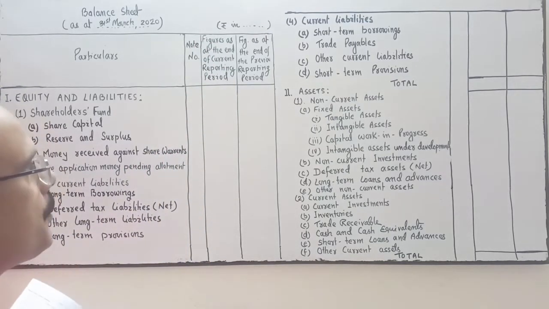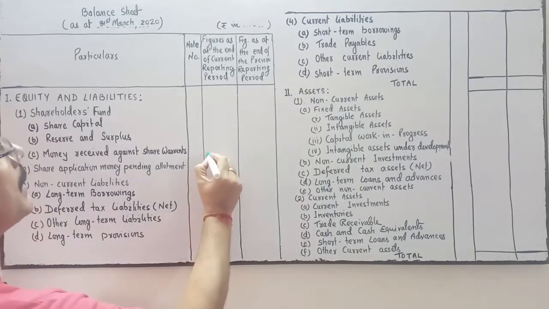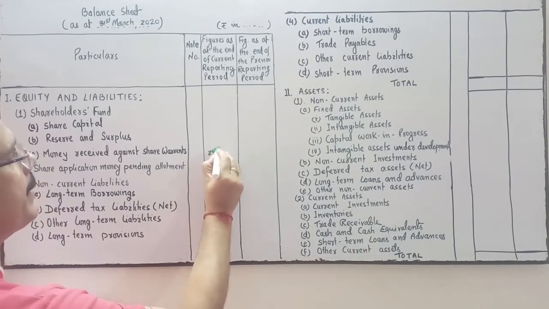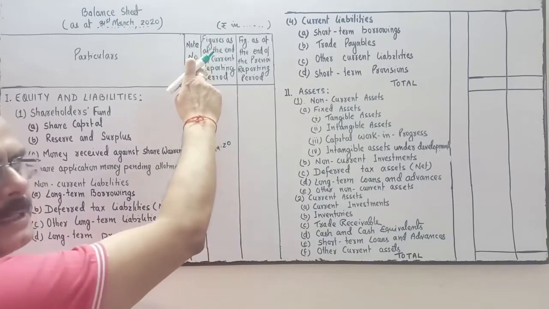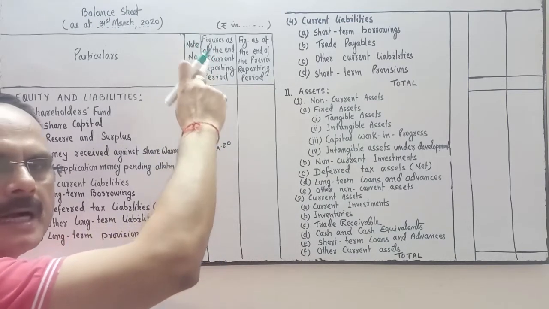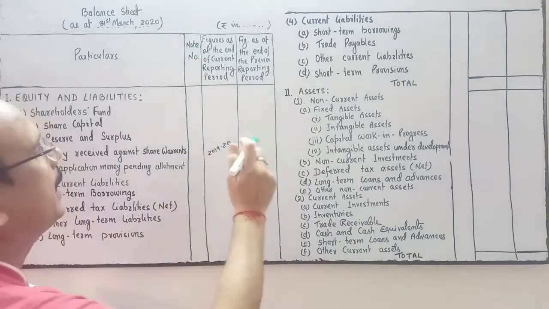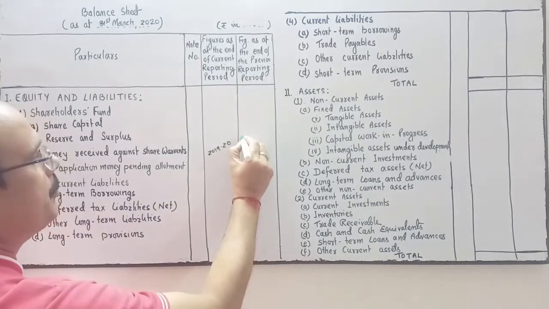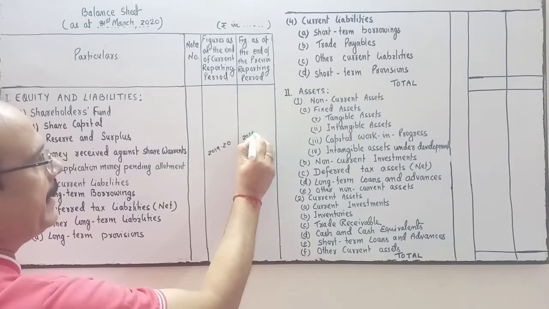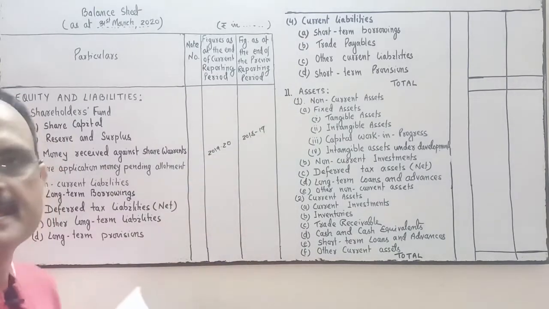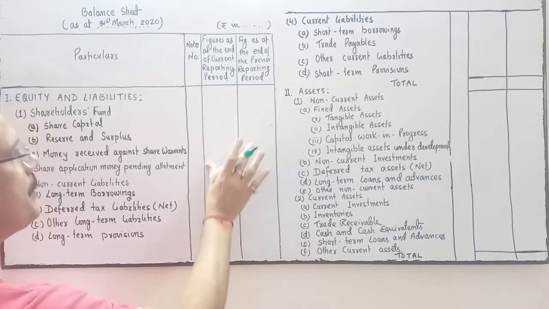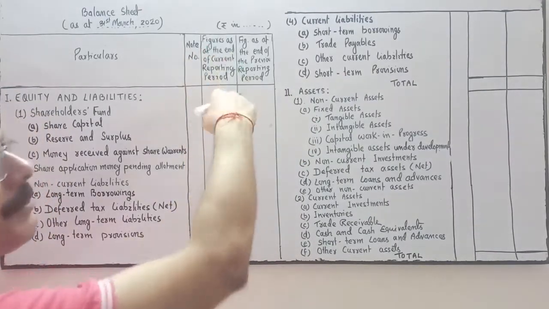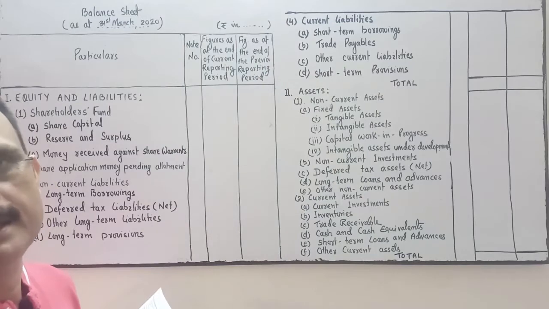If our current reporting period is 2019-20, then here we'll write as at 31st March 2020, and the previous reporting period will be 2018-19. So the figure of the current reporting period and the figure of the previous reporting period.